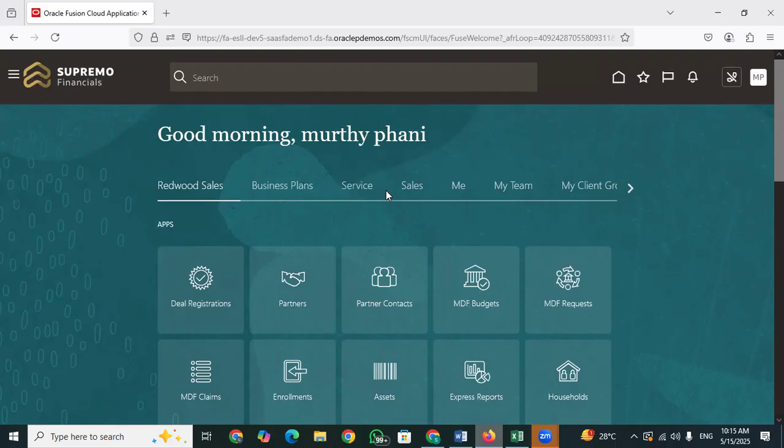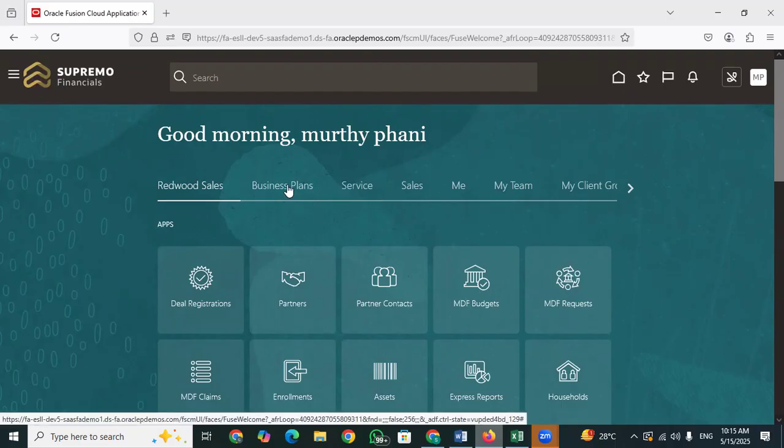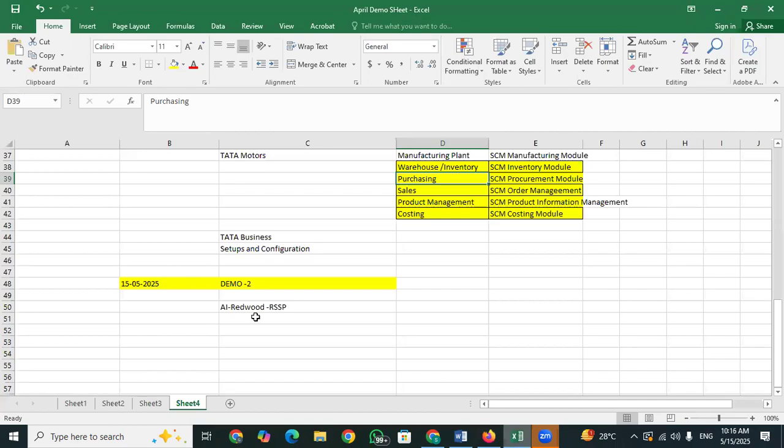If you are okay with this training and you start learning, this is the best time to learn, because in the upcoming future, with AI, Redwood, and RSSP, users are getting a lot of confusion. They want specific training on this. That is the reason there is a lot of requirement for consultants, especially in Oracle Fusion Supply Chain Management, who deal with AI, Redwood, and RSSP.